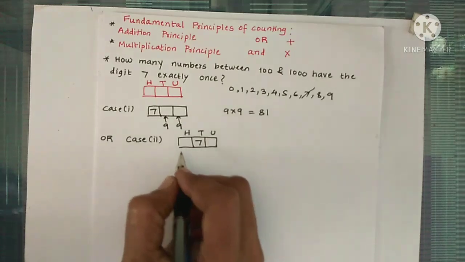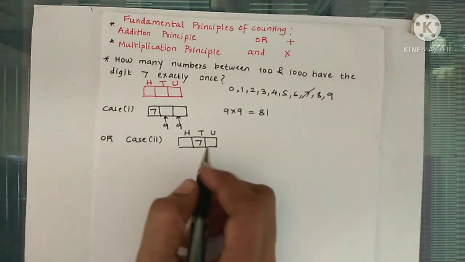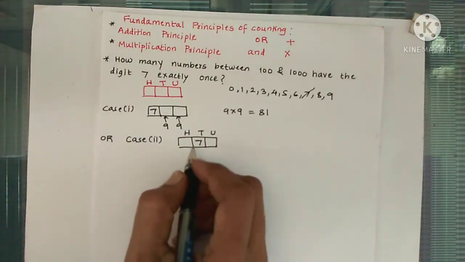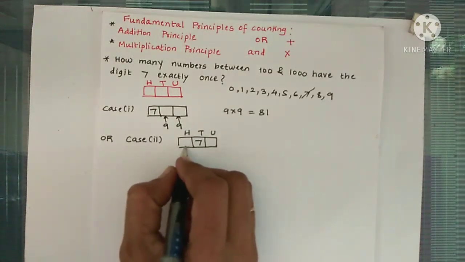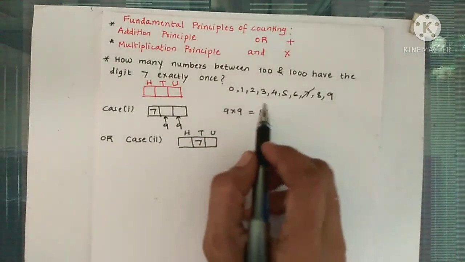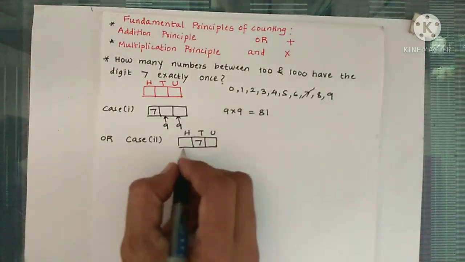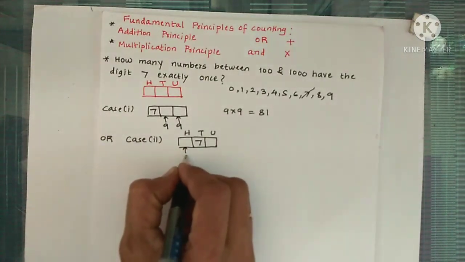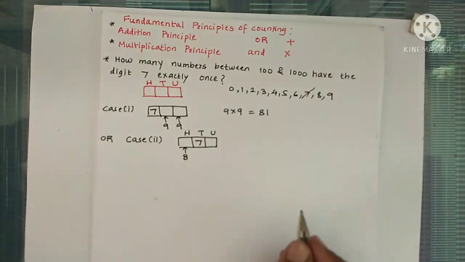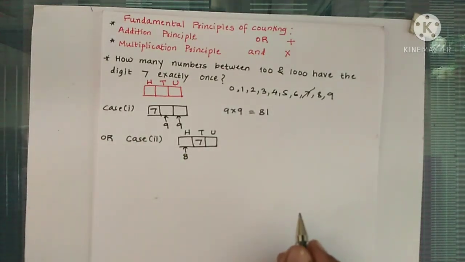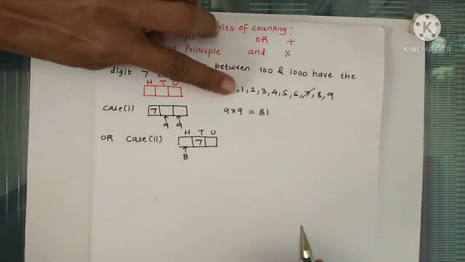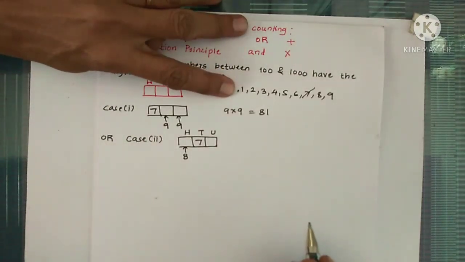Otherwise it will not be between 100 and 1000. It is only a 2-digit number, so 0 cannot be used here. That means the number of digits available for hundreds place are 8 in number. So here we have to use any of these 8 digits except 0 and 7.